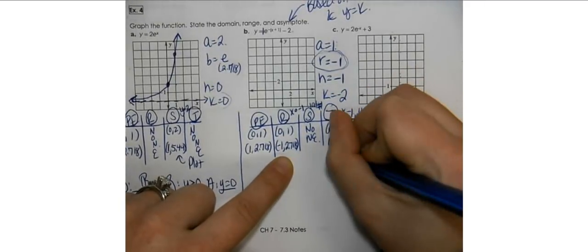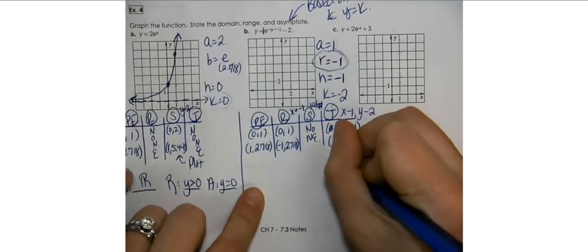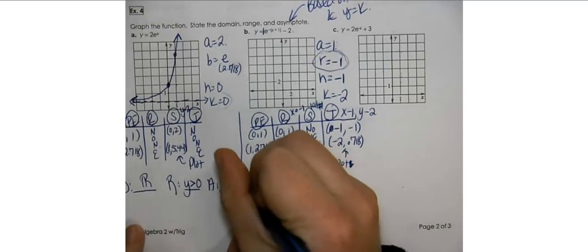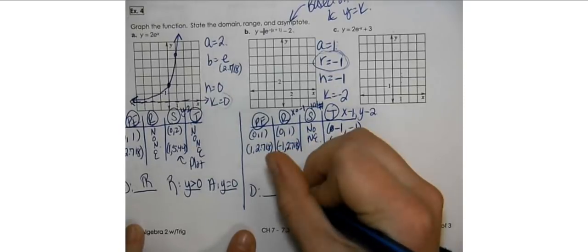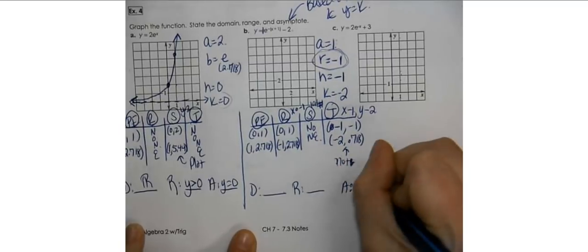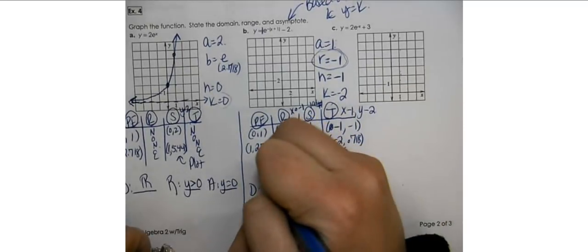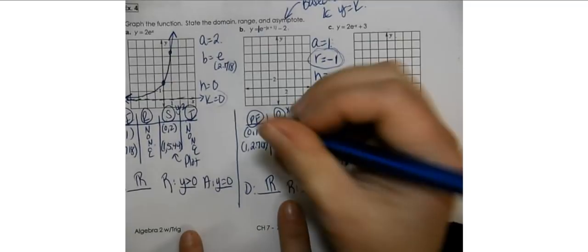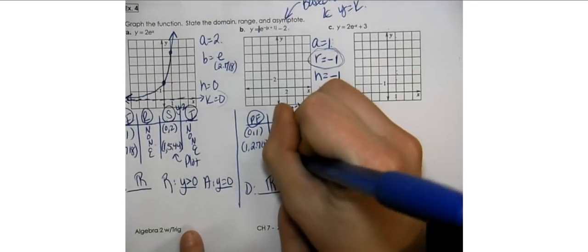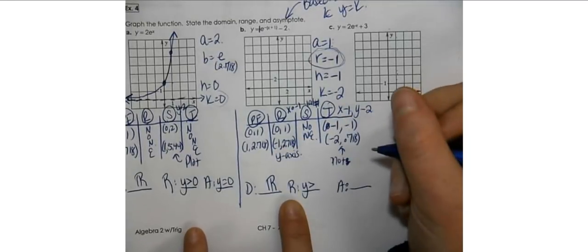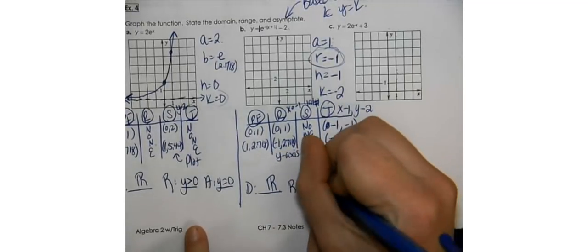These are the ordered pairs that we're going to plot, but before I do that, I'm going to identify what my domain is going to be, my range, and my asymptote. Now, my domain in this case is going to be all real numbers, and my range, because we just have a reflection across the y-axis, is still going to be y is greater than my k value, and my k value is -2.